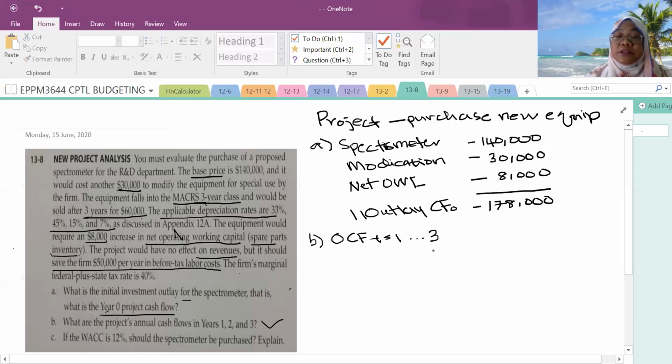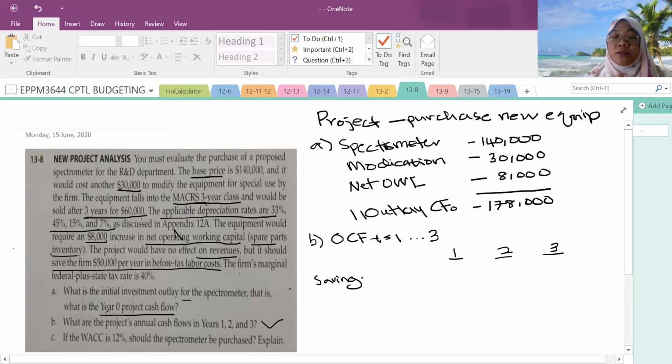Ya, kita set up the entries. Let's put this as year 1, 2, and 3. Hopefully muat ya. Okay, so what do we include here? Ya, kita tak ada revenue, but we have the labor cost saving tadi.